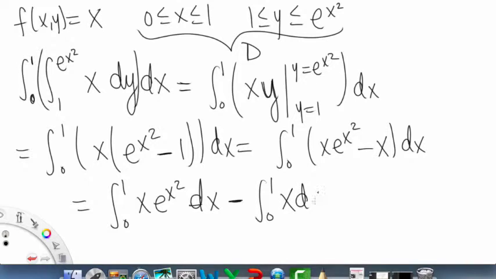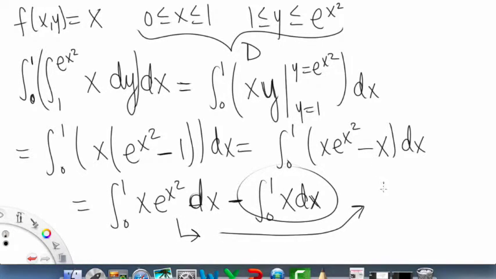You can always break it up if you want. Pretty much whatever floats your boat kind of thing. Okay, so we're at this point, and this second integral is pretty easy, so we can just copy it down and solve it later. And then this one, though, this requires a u substitution.